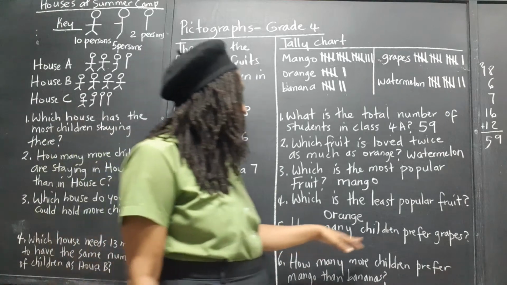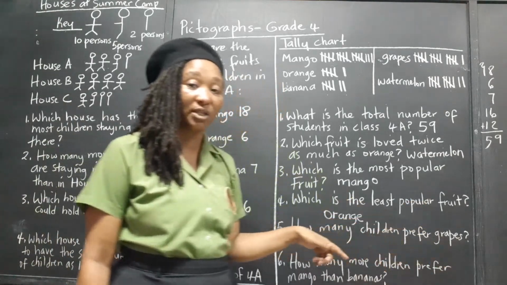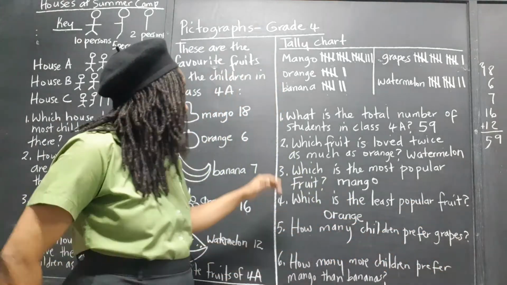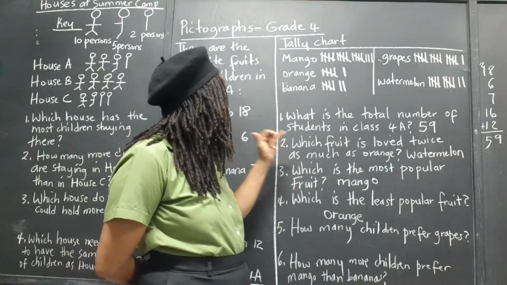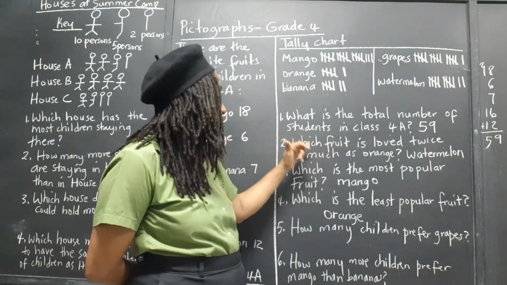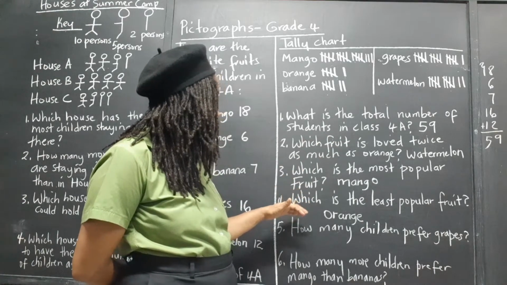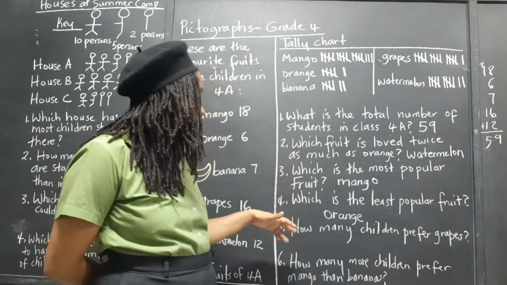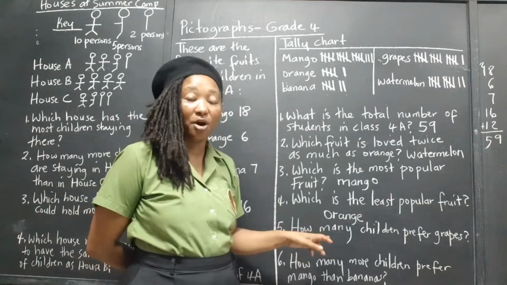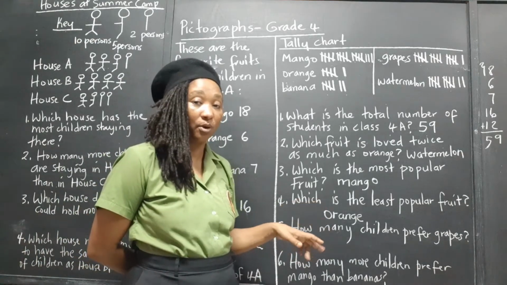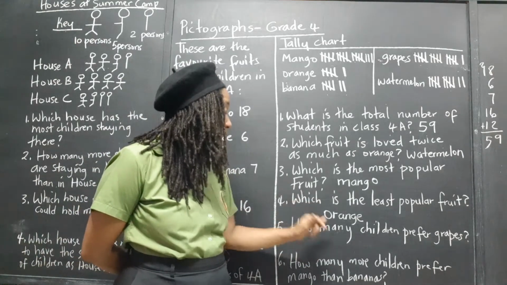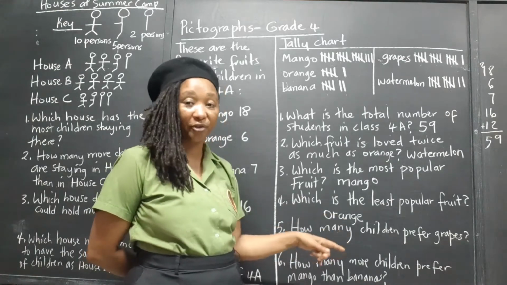How many children prefer grapes? Now this time they want the number. These 2 are asking for the actual fruit. They're saying which fruit? Which fruit? This one wants a number, not a fruit. How many children prefer grapes?